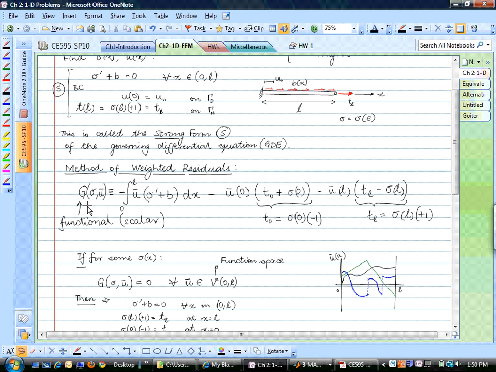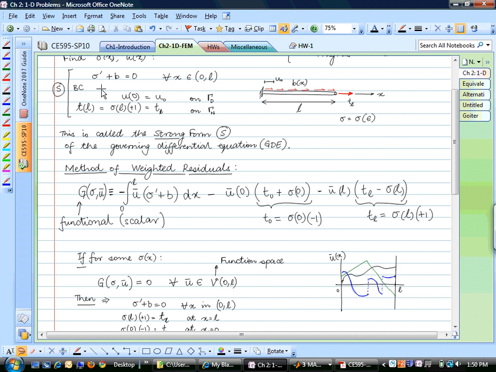So now this is a functional of two functions, sigma and u bar. If I can show somehow that this functional is 0 for all u bar, then I know that the sigma I used is the solution to my original problem. So this is a method of weighted residuals.